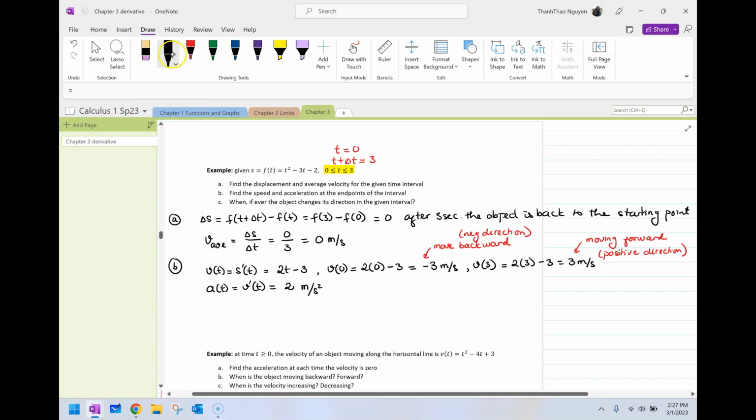So when did the object change the direction it's traveling?